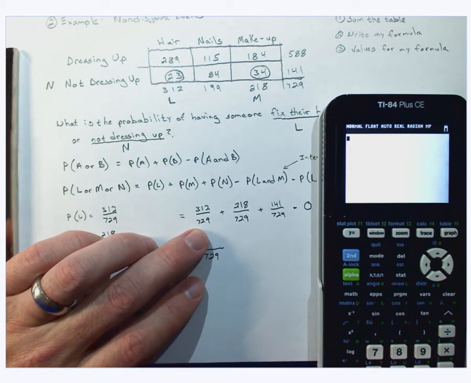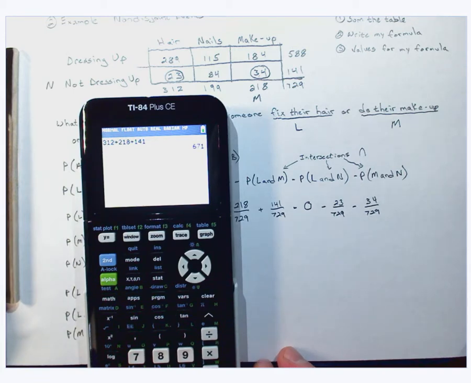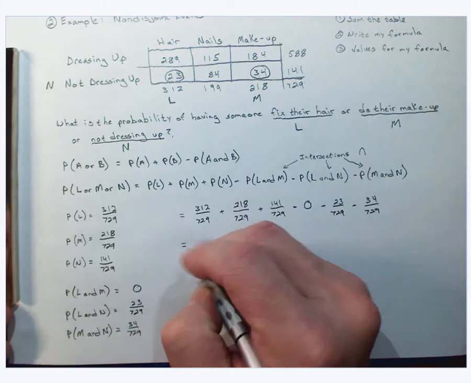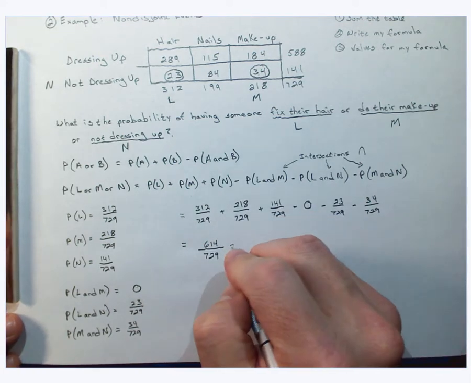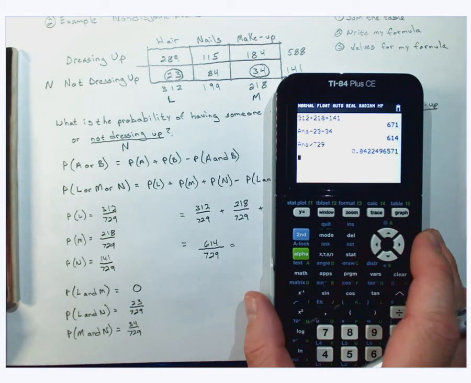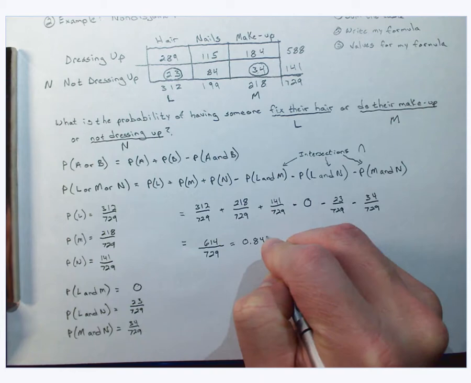So we'll just use the calculator. Okay, that's all my sums. 671 minus 23 minus 34 is 614. 614 divided by 729 gives me 0.842.